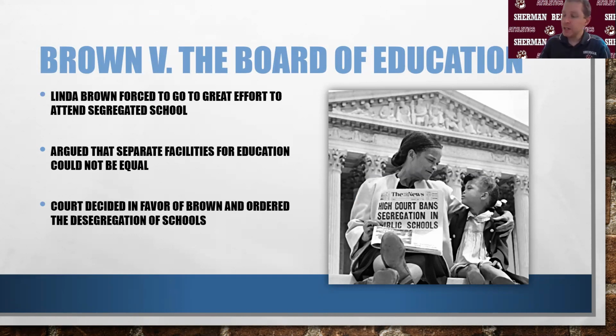This is before Martin Luther King Jr. really gets a lot of momentum and before the Freedom Rides and all the other things that are going to come. So this is like the first crucial step, and because of that, it is huge. The court deciding to desegregate the schools is a massive change in race relations in this country, probably more change in that moment than has ever happened.